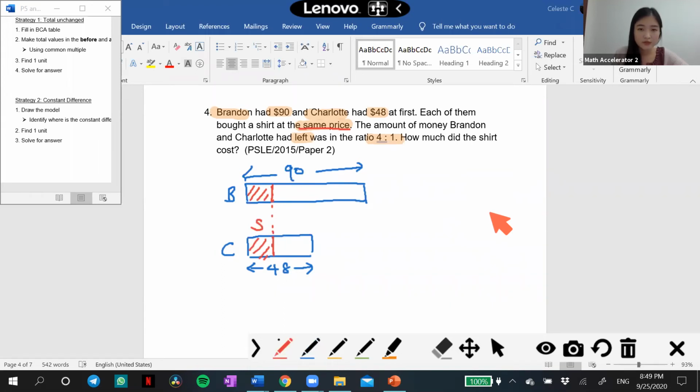What is left? Charlotte had 1 unit here compared to Brandon, 4. Right, Brandon to Charlotte left is 4:1. So Charlotte has 1 unit here. Brandon should have 4. 1, 2, 3, 4. So what's the difference here?